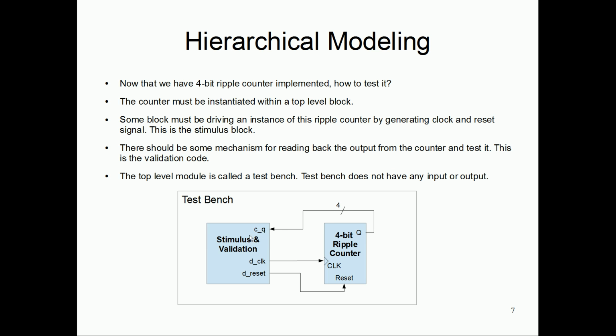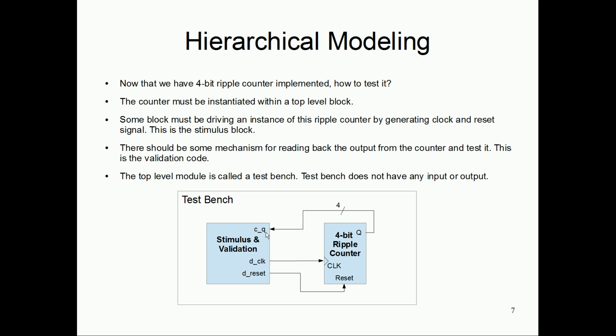implementation for testing. This is a very important stage: the test bench. When we implement a design, we want to test it. The top level module gets instantiated and is driven by stimulus generated from the test bench, and the output is taken into the validation part of the test bench program.